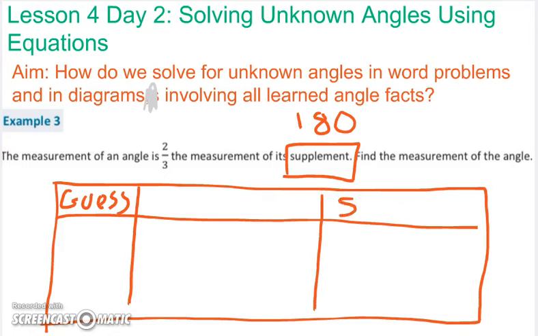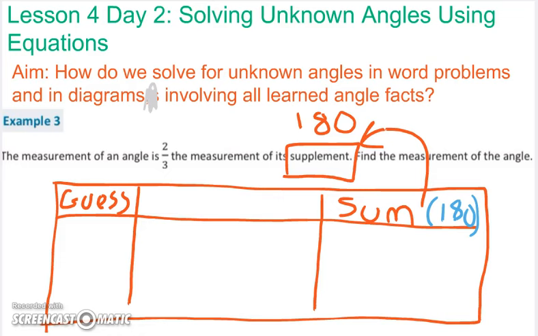We'll call this the sum. And our sum should be whatever it's talking about, whether it's supplement or complement. We're talking about supplement here. So it should be 180 degrees, our answer. And then the middle column, we have to read the problem for.